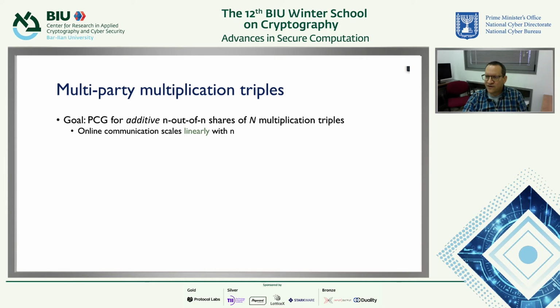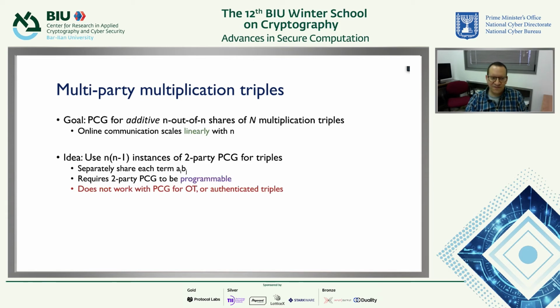If we want to make it linear, then we need this kind of multi-party correlation where we additively share AI, BI, and CI between the parties. And then we can get the online communication linear. This is especially helpful when we have a bigger number of parties, in which case we get big savings in the online communication.